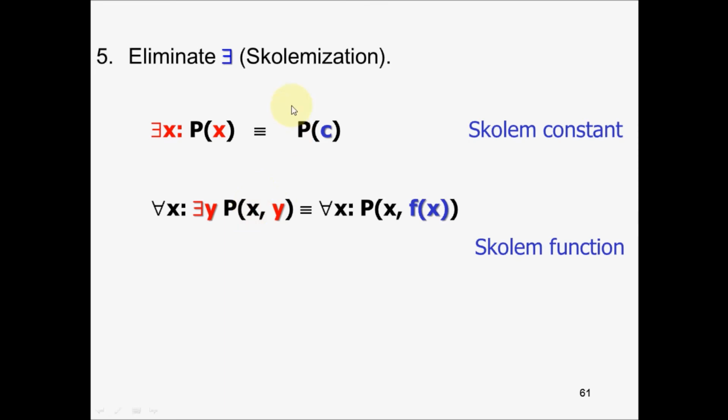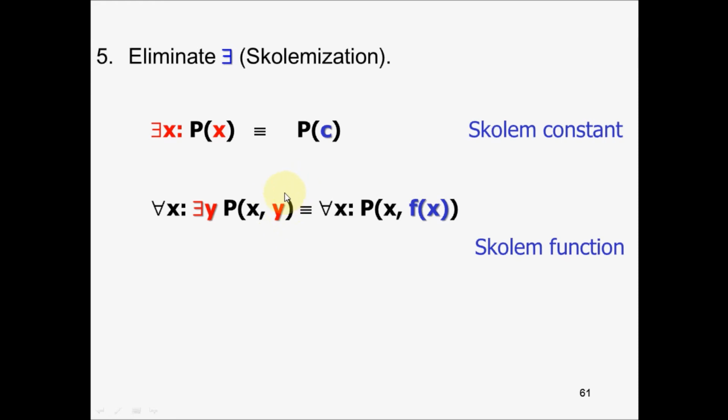So you can't simply substitute any value of y like what I did here. Here, the existential quantifier variable x was independent of any other variable, but here the case is different. Because x and y both are involved in this predicate, the value of y will definitely be affected by the value of x, and that's why y is dependent on x. So in such cases, we have to substitute y with a function of x.